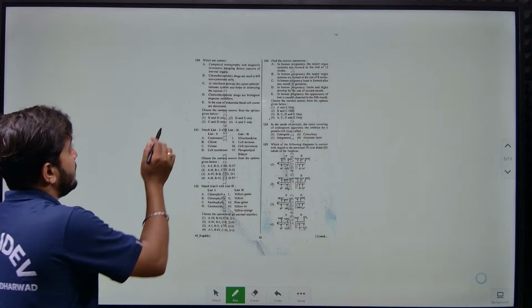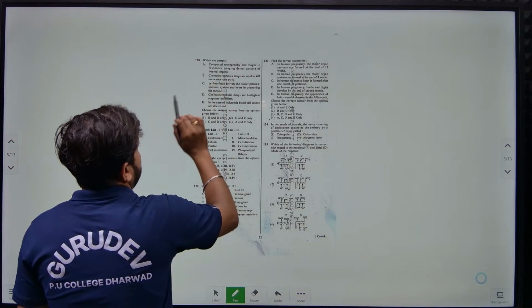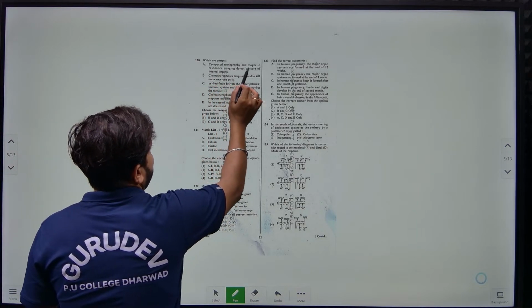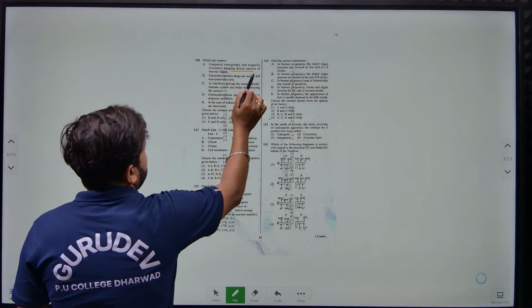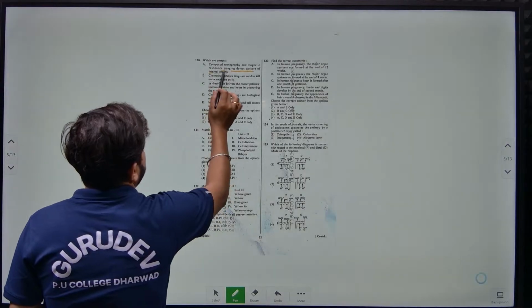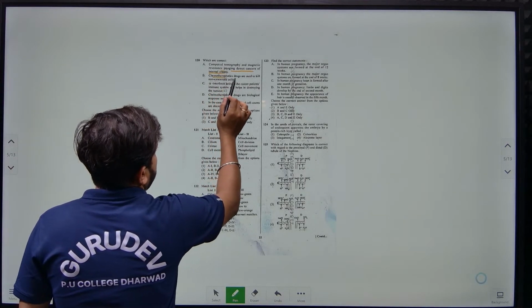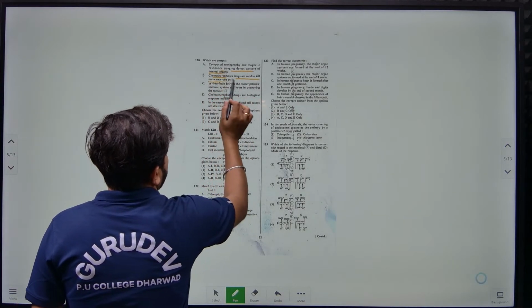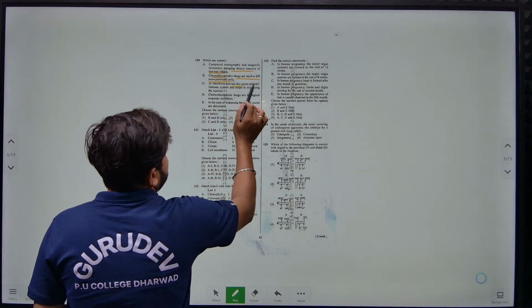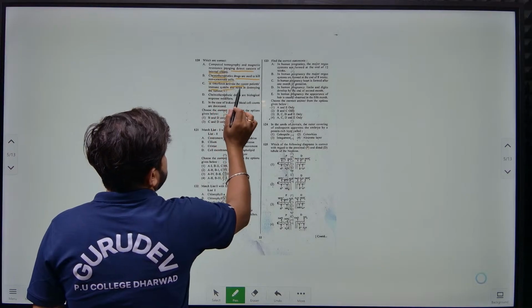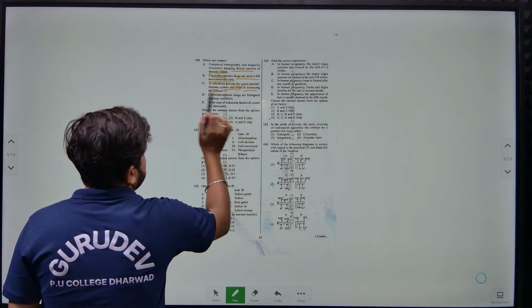Then moving on to the next, the 120th question, right? Which are the correct statements regarding computed tomography and magnetic resonance imaging detecting cancers of internal organs? Then chemotherapeutic drugs are used to kill the non-cancerous cells. Then alpha interferons activate the cancer patient's immune system and help in destroying tumor.